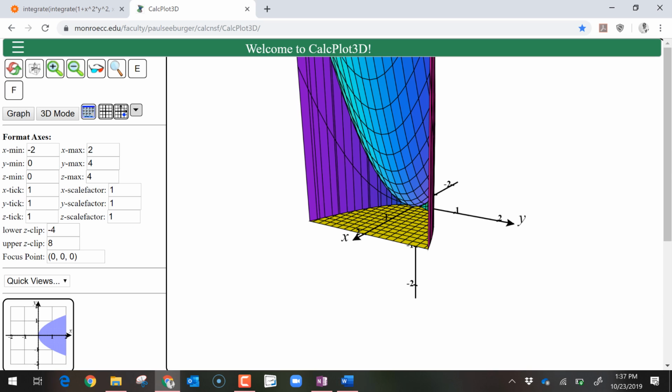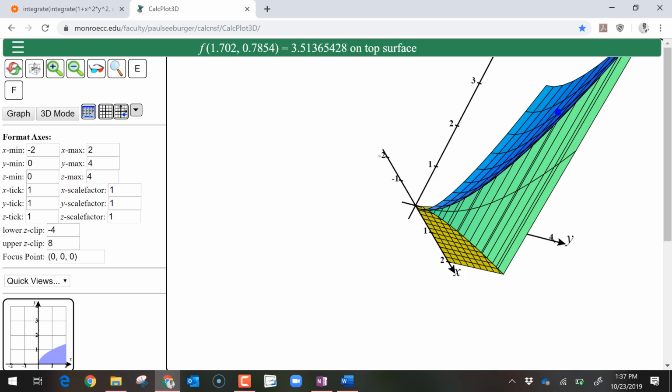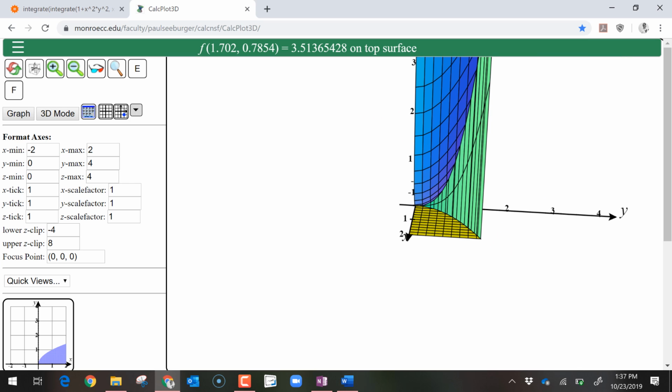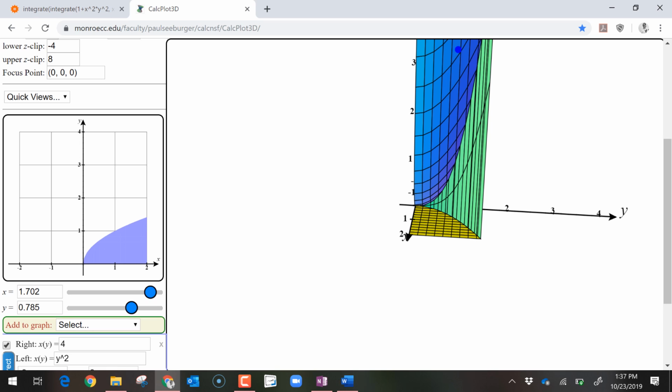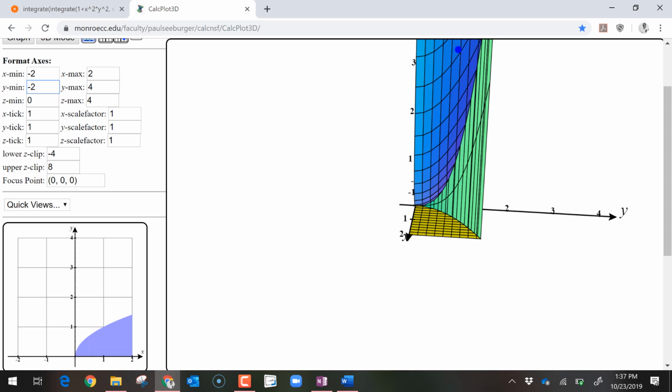Uh-oh, what happened? My y got cut off. Really? So this should be 4. I got turned around here.